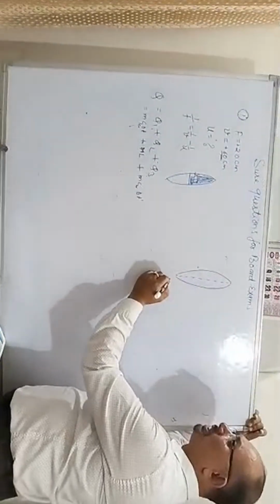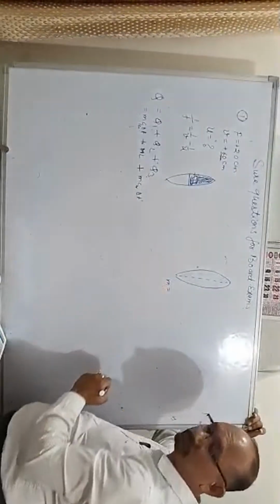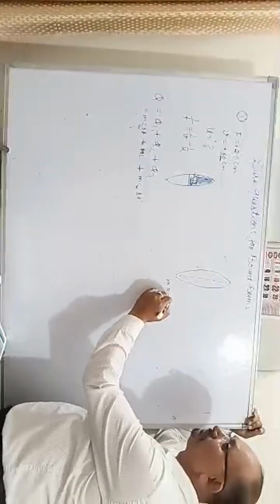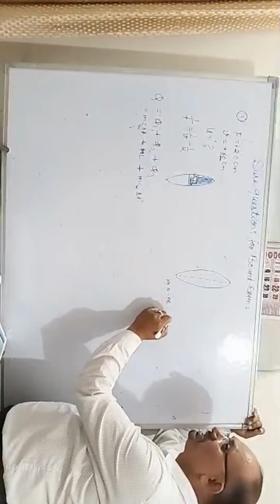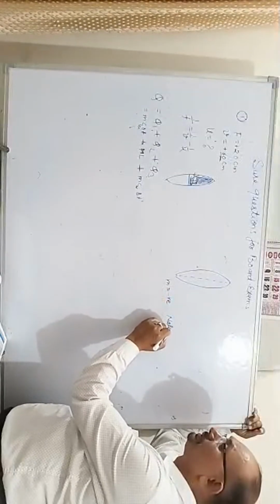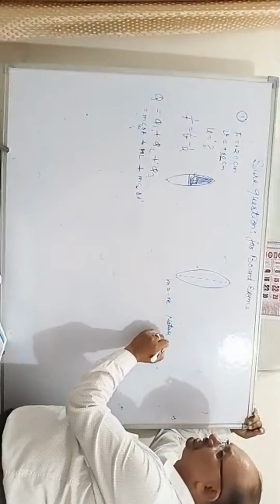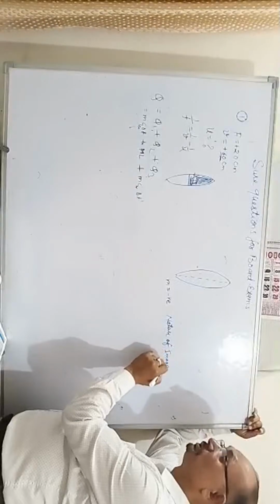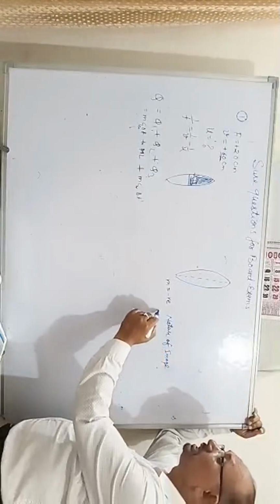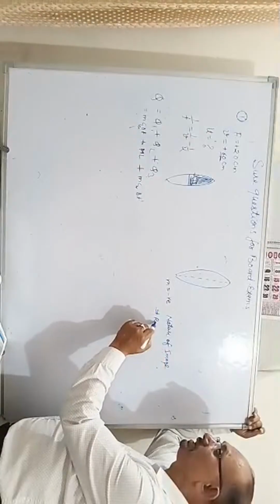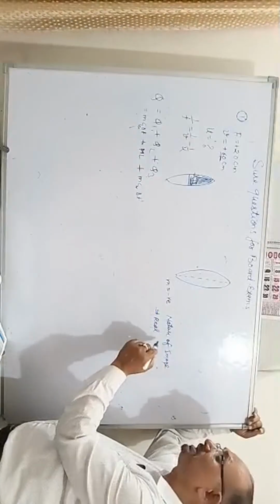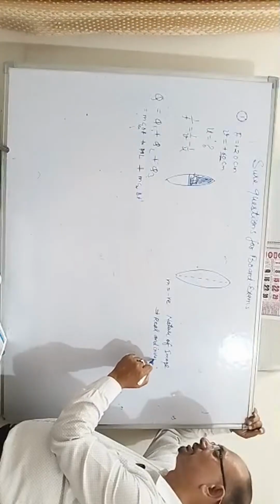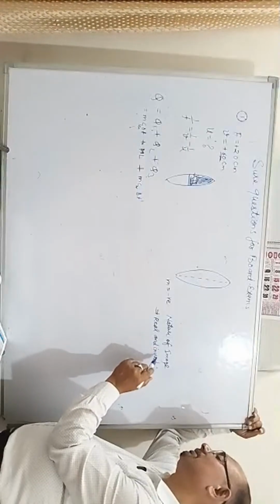You know M is the linear magnification. Suppose M is negative. What is the nature of the image? The nature is real, real and inverted.